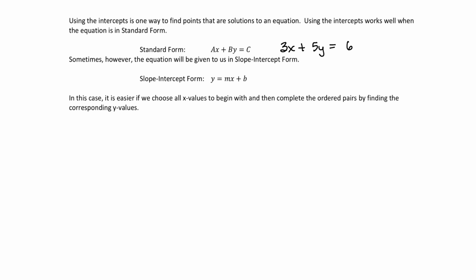I don't care. The idea is x and y are on one side and they're equal to a number. That's considered standard form. This is the easy way of covering one number, solving for y, cover the other one, and solve for x. Okay, that's really easy.